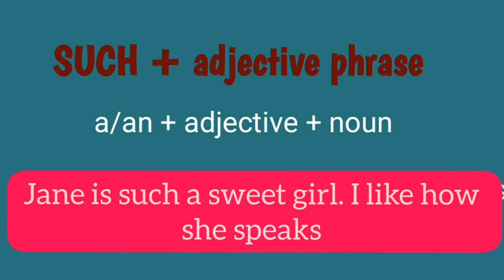We call that an adjective phrase. For example, Jane is such a sweet girl. I like how she speaks. So here, such plus article a plus the adjective sweet, and the noun is girl. Such a sweet girl.